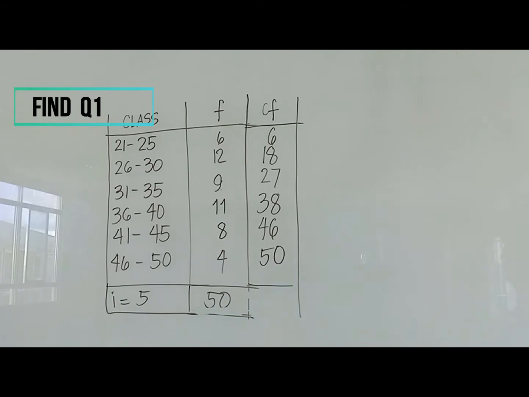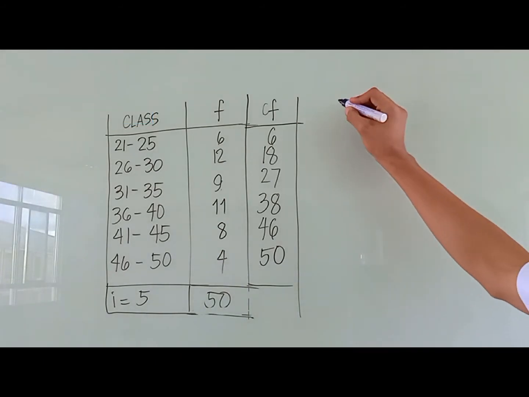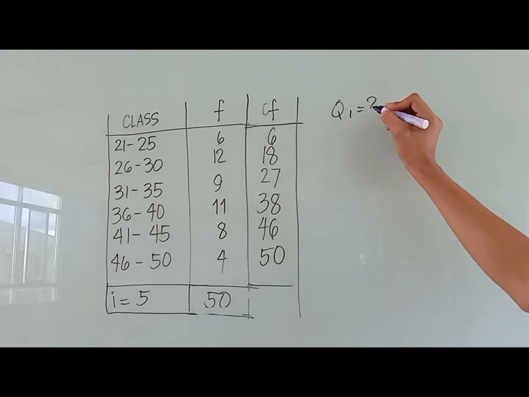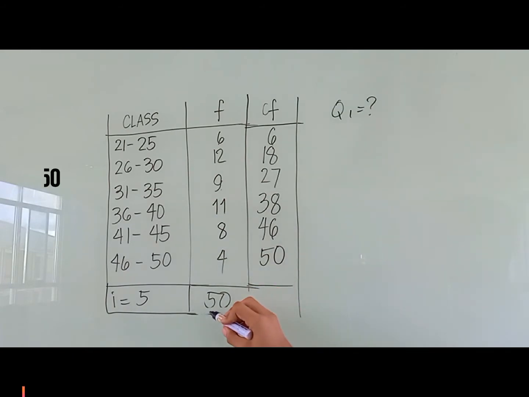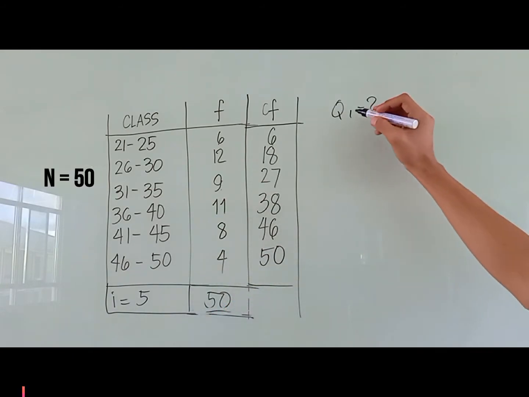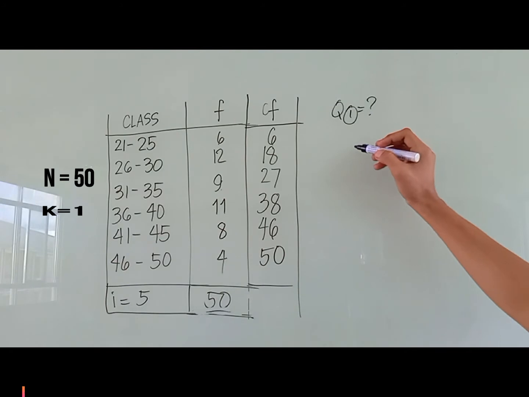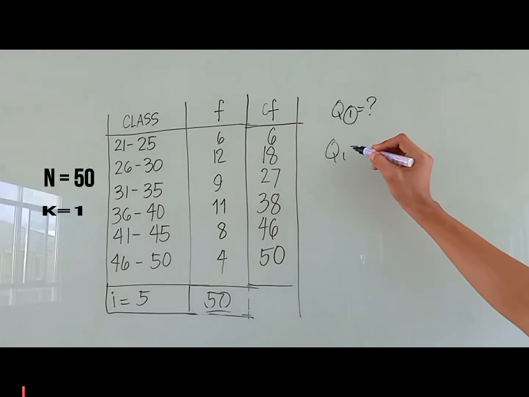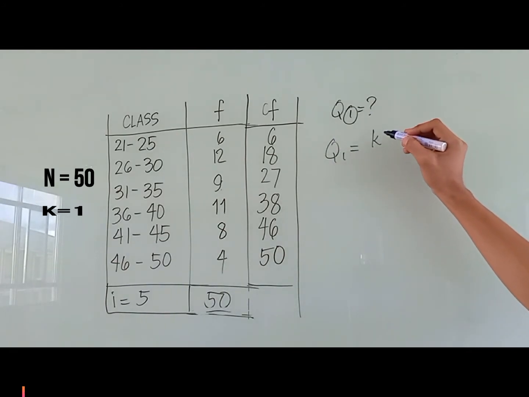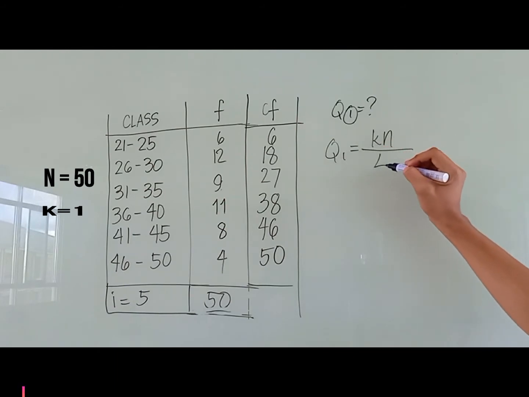Let's proceed in finding Q1. First, calculate the Q1 class. Given that n is equal to 50, k is equal to 1. The formula of the Q1 class is equal to k times n divided by 4.